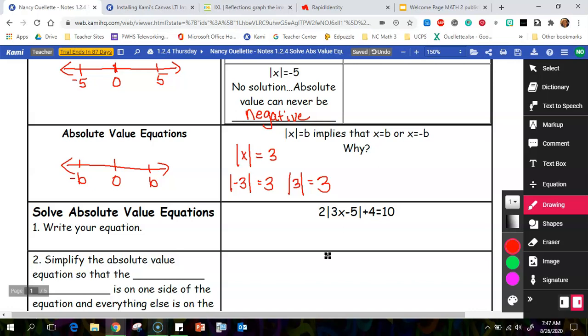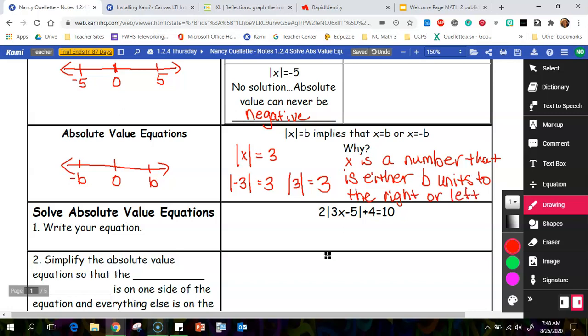So we're going to say x is a number that is either b units to the right or to the left of 0 on the number line.